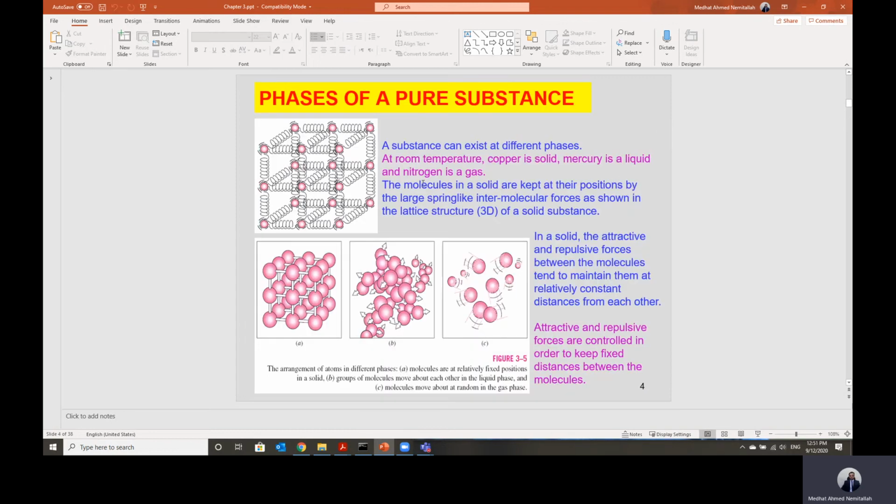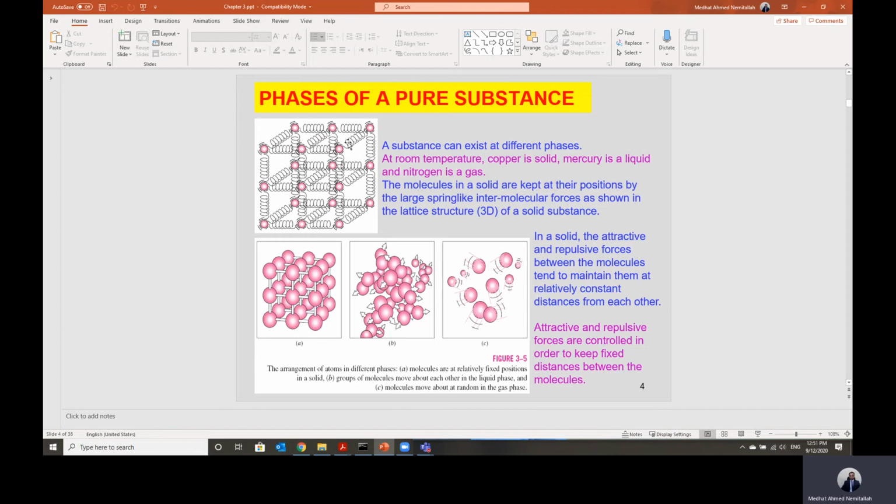A pure substance can exist mainly in three phases. It can exist in the solid phase, in the liquid phase, or in the vapor phase. This is a 3D lattice structure of a solid substance.